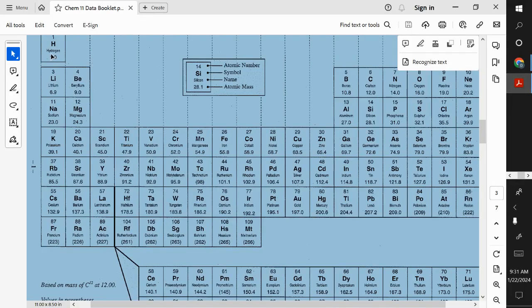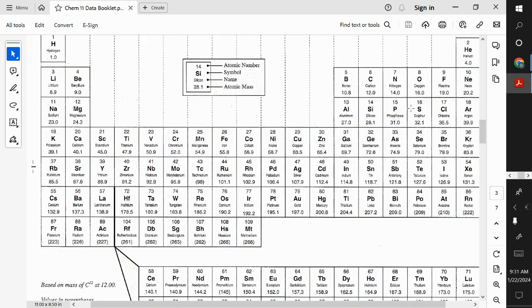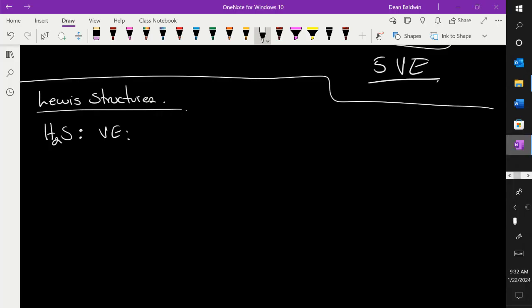It's got 1. How many does sulfur have? 1, 2, 3, 4, 5, 6. Does that make sense? Because it's only s and p orbitals, so you just count the s and p. So hydrogen has 1, but we have 2 hydrogen atoms, plus the 6 valence means we have 8 valence electrons we have to account for in the bonding.